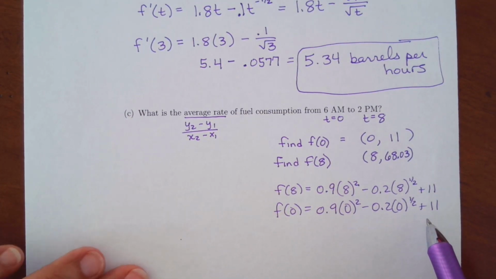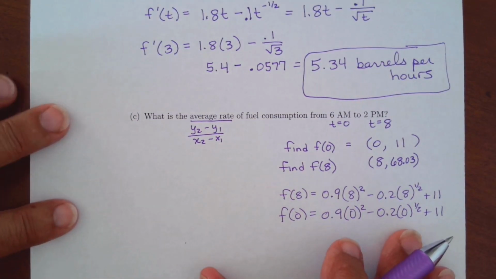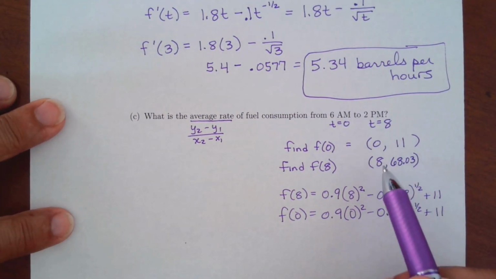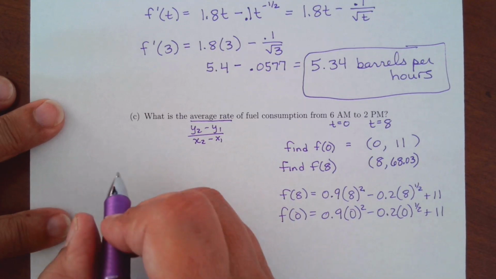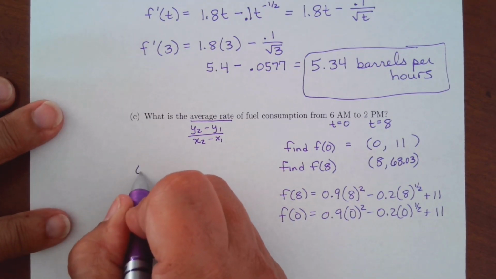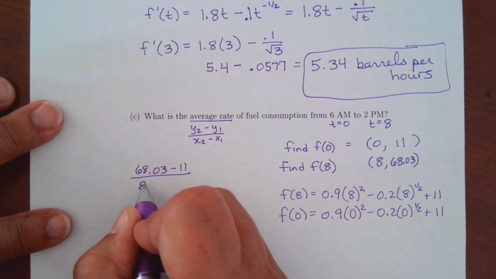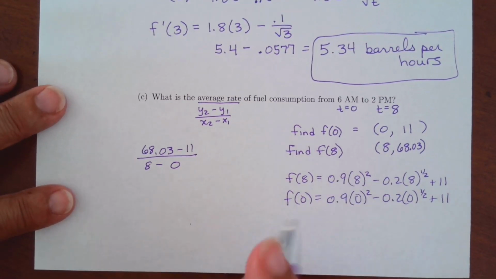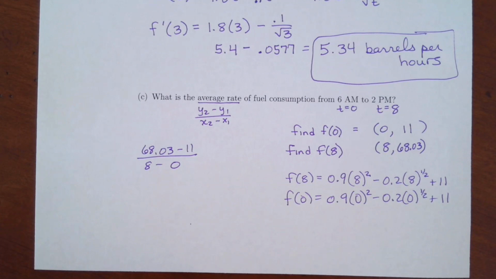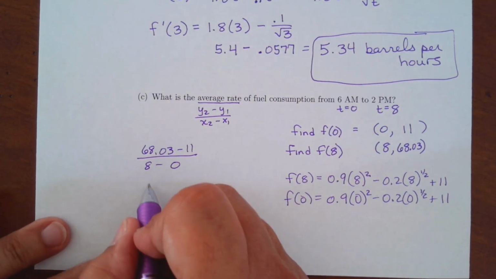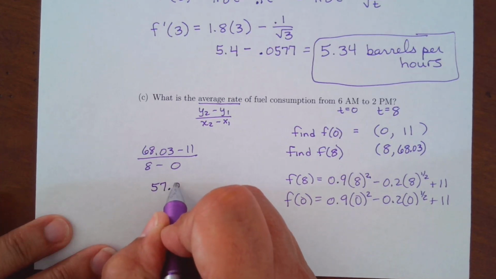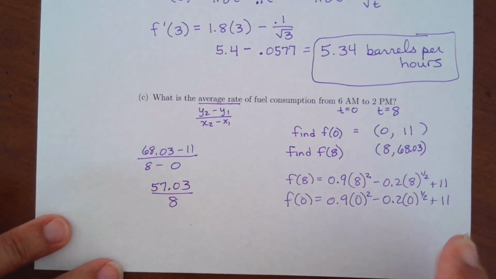Okay? All right, so now we can find the average rate. We're going to take y2 minus y1 over x2 minus x1. So we got 68.03 minus 11 over 8 minus 0. So that's going to give us the rate. So 68.03 minus 11 is 57.03 over 8.